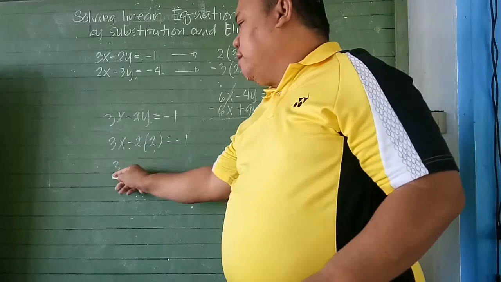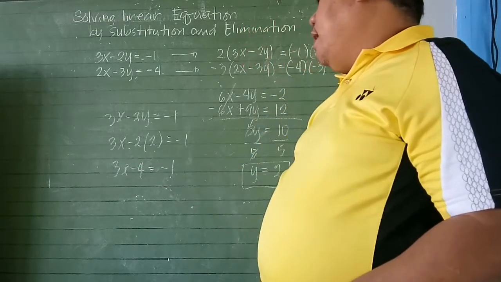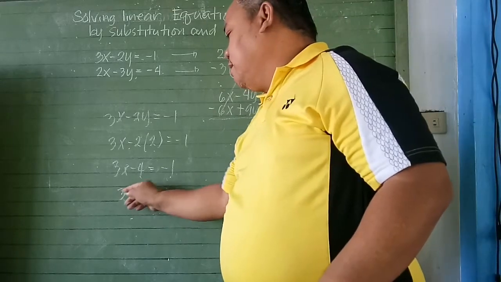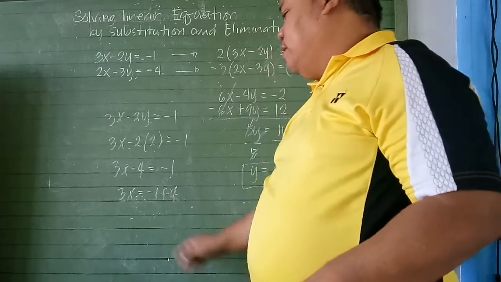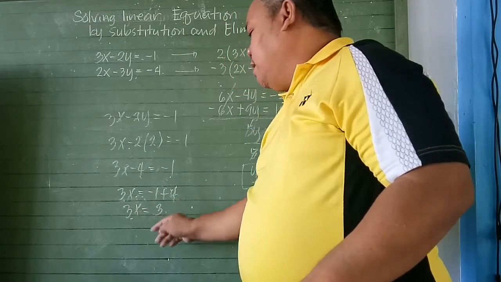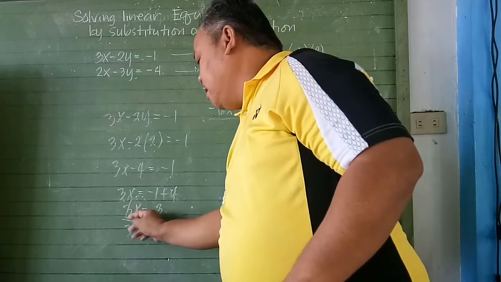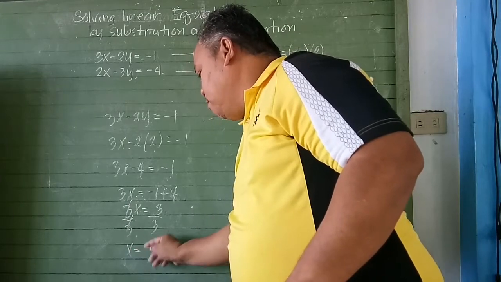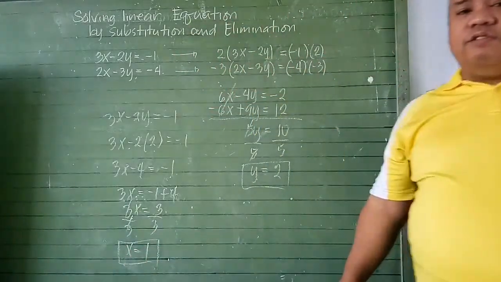This is 3x minus 4 is equal to negative 1. Then 3x is equal to negative 1 plus 4, so 3x is equal to 3. Divide both sides by 3, cancel the 3 here. X is equal to 1. So that's the value of x. So we solved the equation using the elimination method.